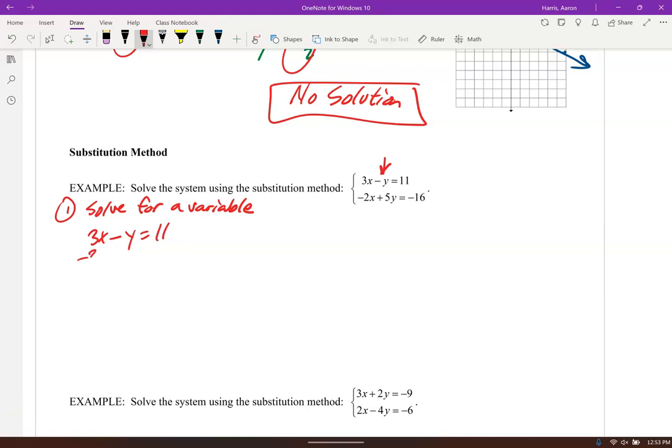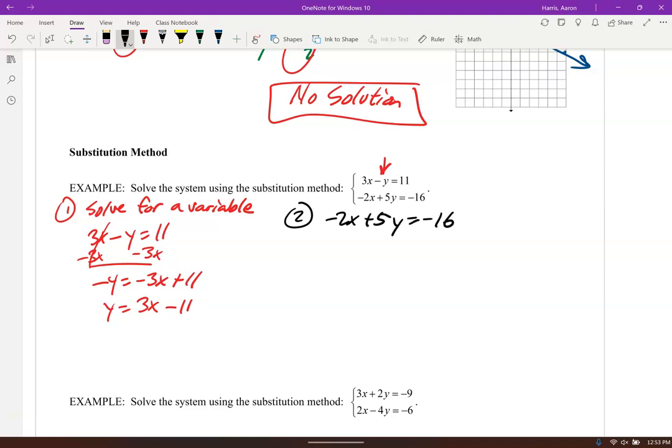So let's solve that. Subtract 3x both sides. So I got -y equals -3x plus 11, divided by -1. So it looks like y is 3x minus 11. Now I go into the other equation, and I plug that y in right there for the y.